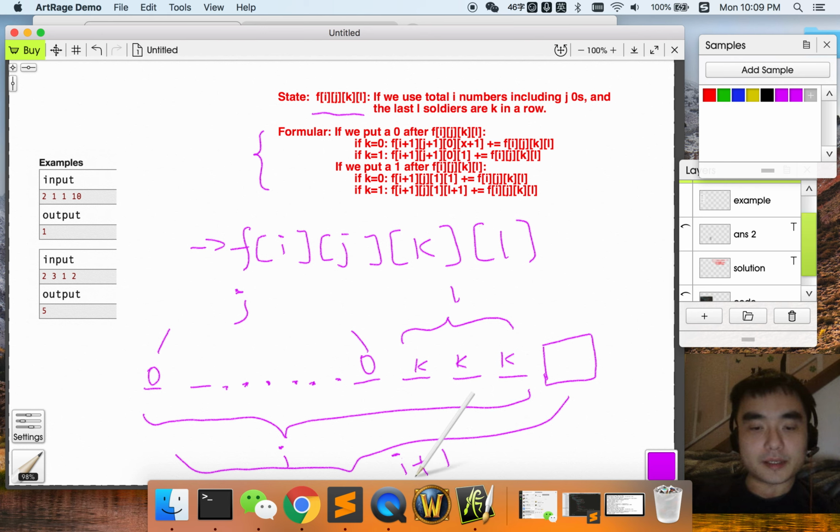We want to calculate i plus 1 from i, right? So there are two additional possibilities. The first is we put 0 here, and the second is we put 1 here, right? There are all of those possibilities that we can explore in the i plus 1 position, right?